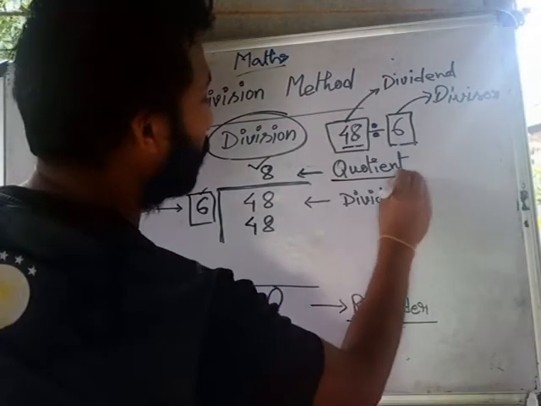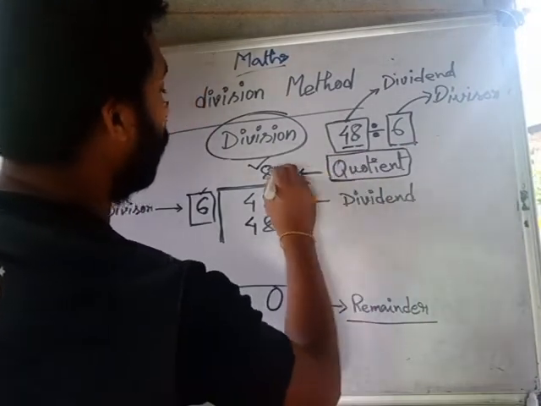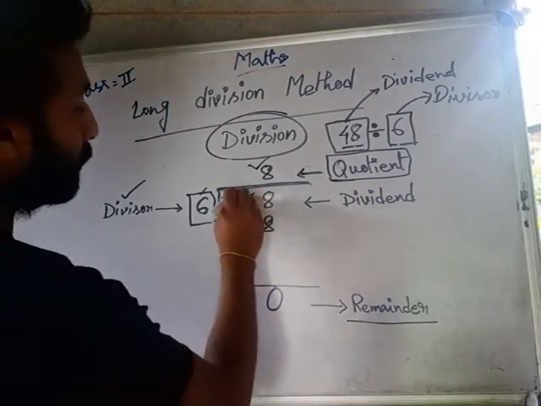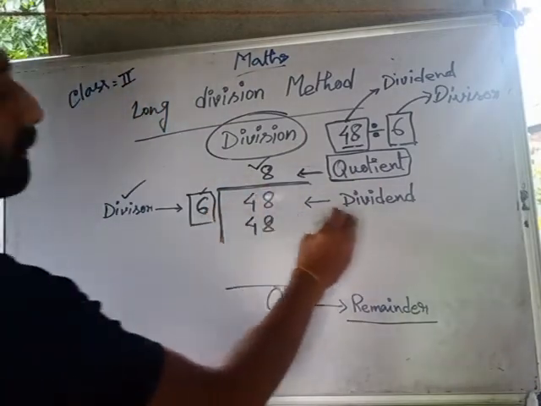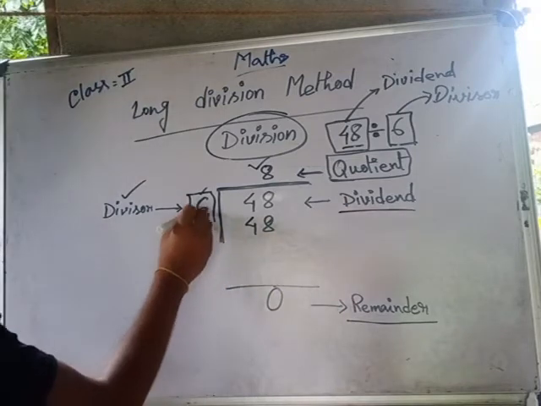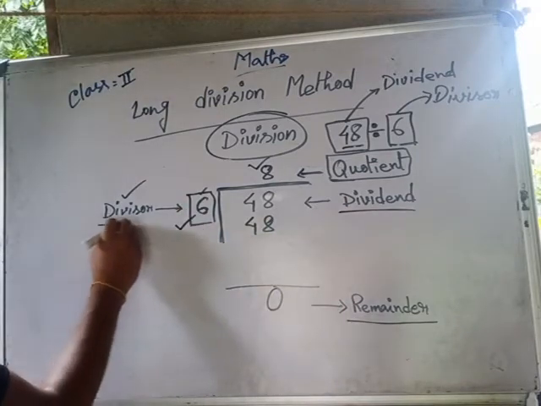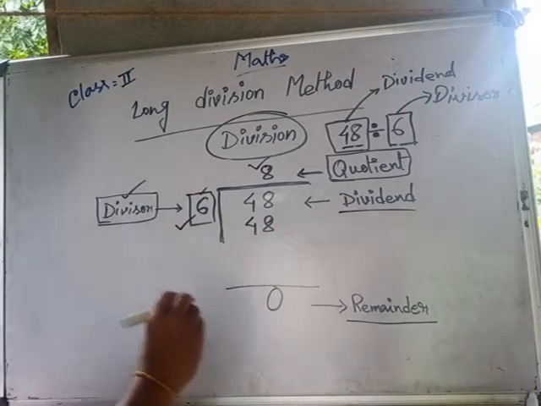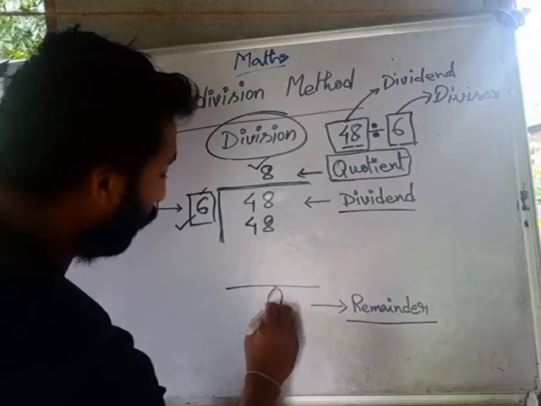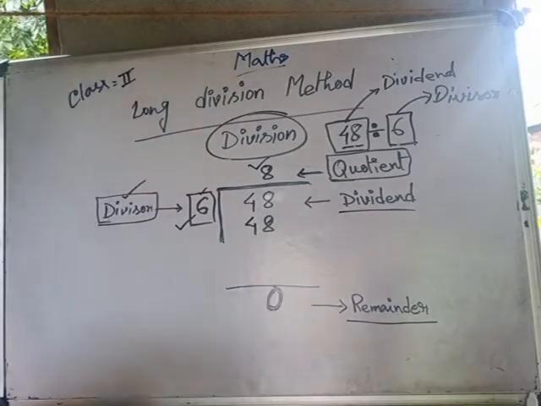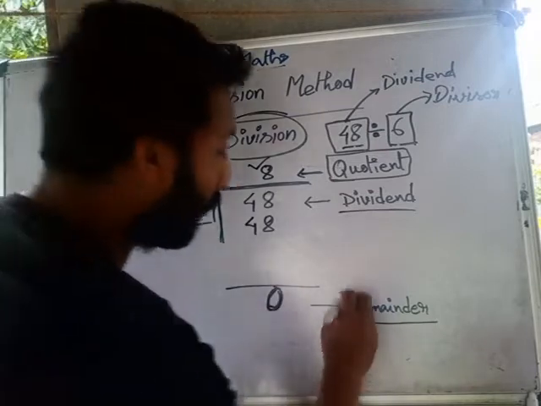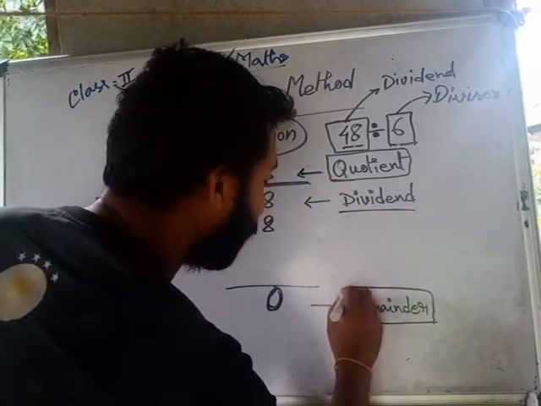Quotient is the result of the division. Dividend is the number which is divided. Divisor is the number by which you divide. And what is left after division is the remainder. If 0 is left, that means 0 is the remainder.